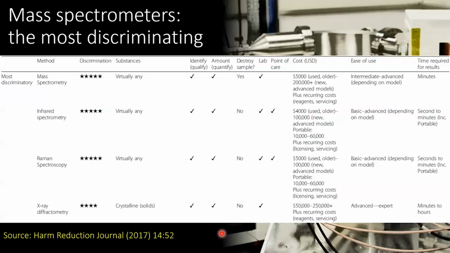Now, here discriminatory basically means how well can your technique separate or identify the differences between two closely related chemical species. The 4 techniques ranked are mass spectrometry, infrared spectroscopy, Raman spectroscopy, and X-ray diffractometry. These 4 are ranked as either 5 stars or 4 stars.